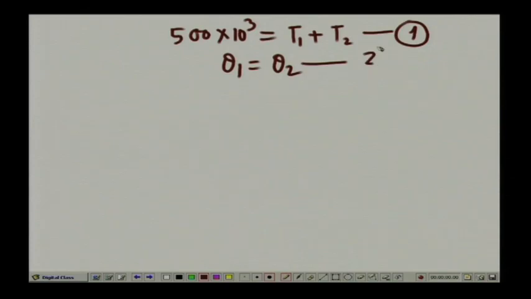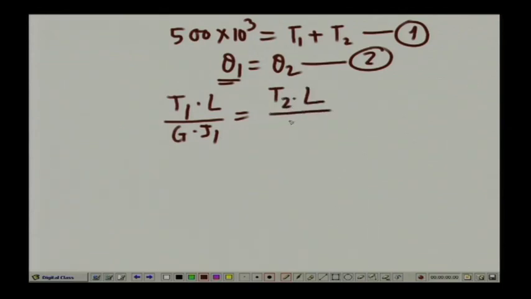From this, T1 times L by G J1 is equal to T2 times L by G J2. Since G is the same, G gets cancelled, and L is also the same, so it gets cancelled. So, T1 is equal to J1 by J2 times T2.